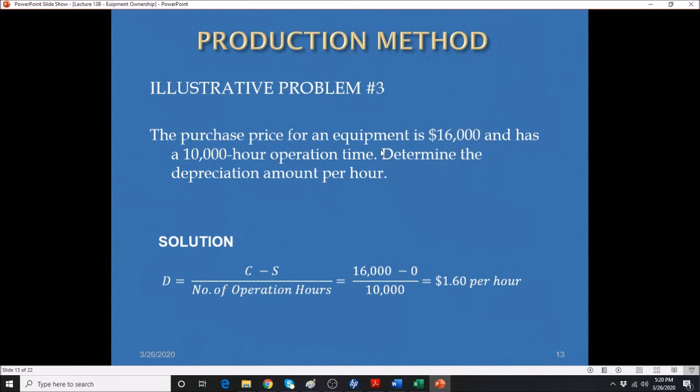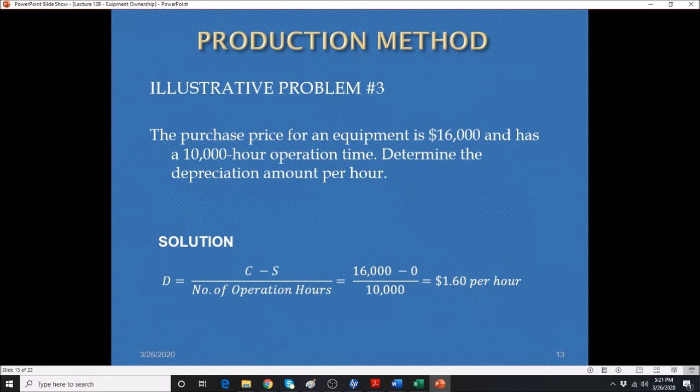There is no given salvage value, and it will operate for 10,000. So C minus S, 16,000 minus 0, because it's not given here. That means there's no value at the end of its life cycle. Divide by the number of operations, that will give you $1.60 per hour.